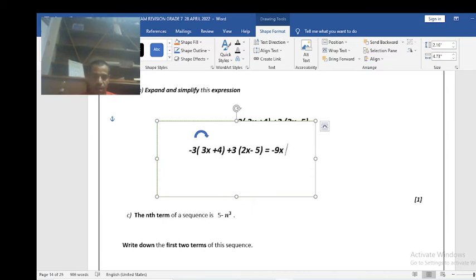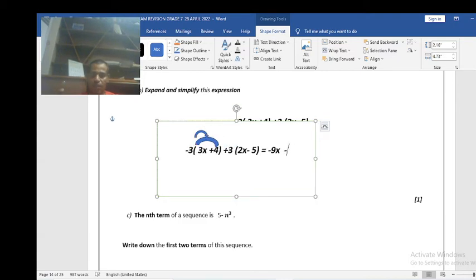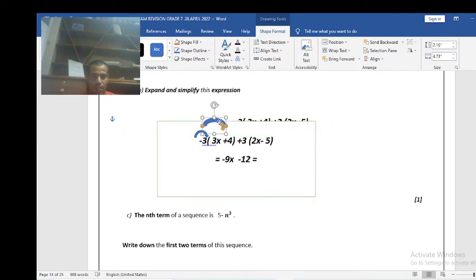Then we have negative 3 multiplied by 4, which gives negative 12.